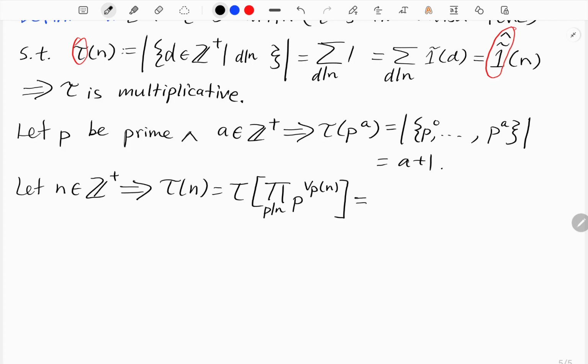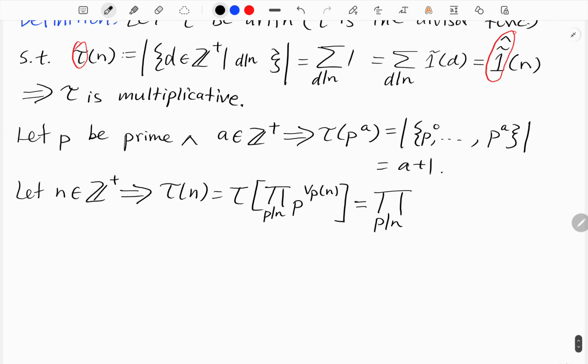Since we know that tau is multiplicative, we can write this as the product running over all the primes that divide n of tau of p to the valuation sub p of n.